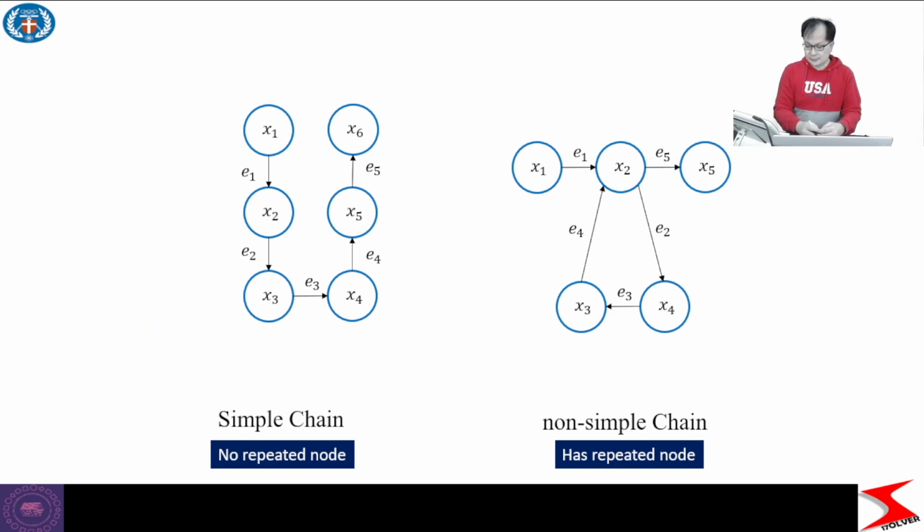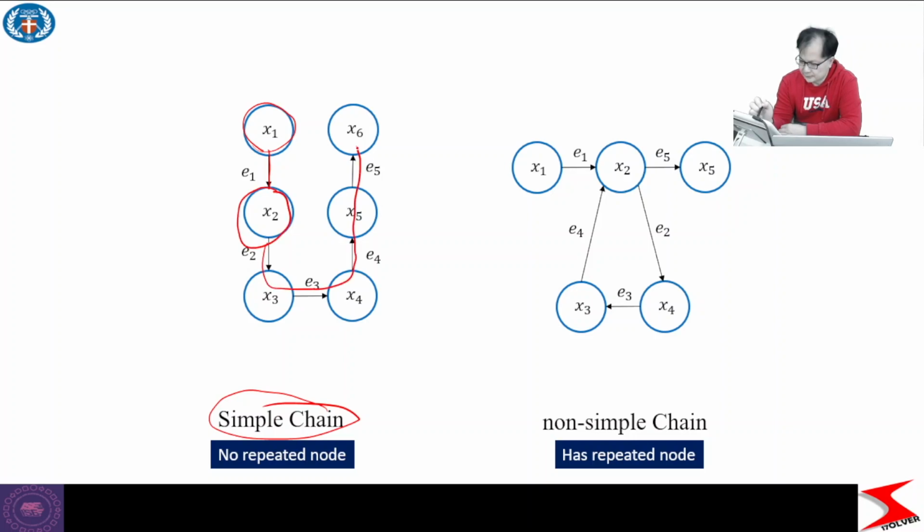So first, I introduce the simple path. The simple path has no repeated nodes. Like we start from the node x1, then arc e1, then node x2, till node x6. But for a non-simple path, we will find there is a cycle there.